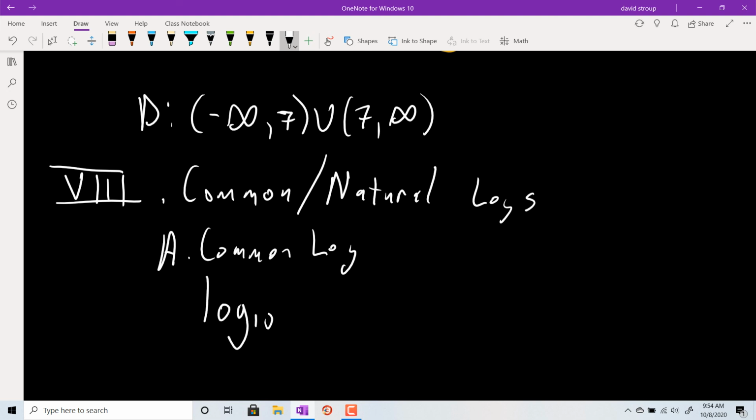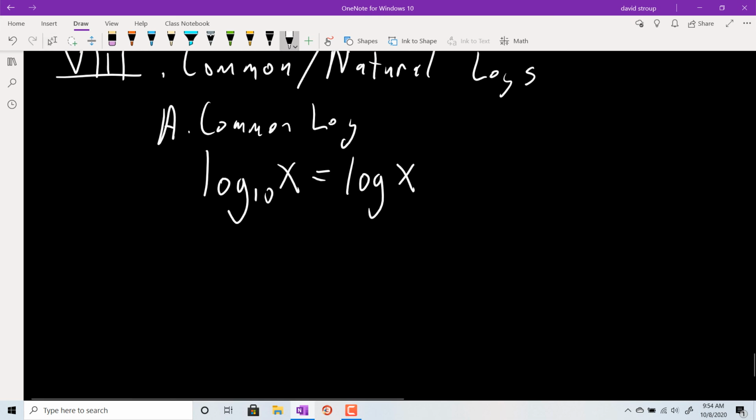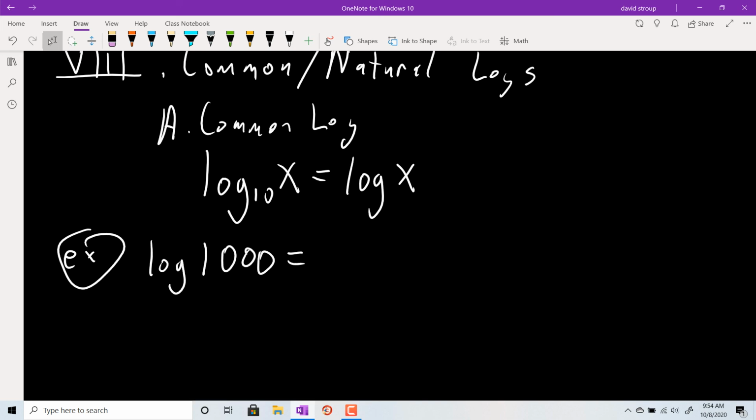We use it so much that if you don't see a base written there, it means it's base 10. For example, log of 1,000 equals what? You're asking 10 to what power equals 1,000? That would be 3.